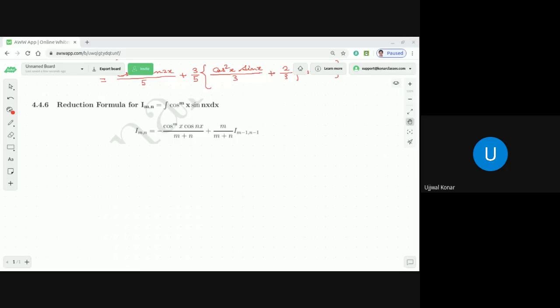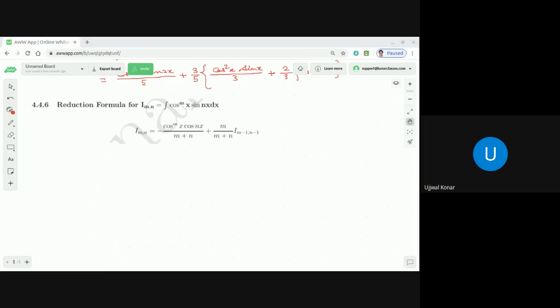Next one, again I'm coming back to one parameter. It is integration of x to the power n into e power ax dx.